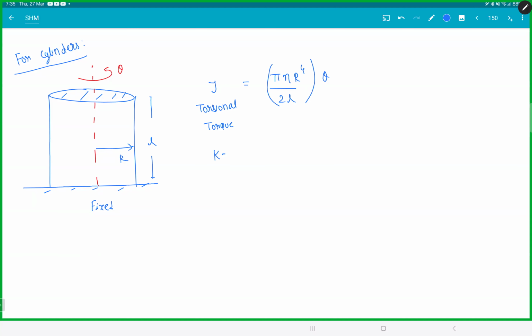So there, this is your torsional constant. So it depends on the radius, it depends on the length, and it depends on the rigidity modulus.